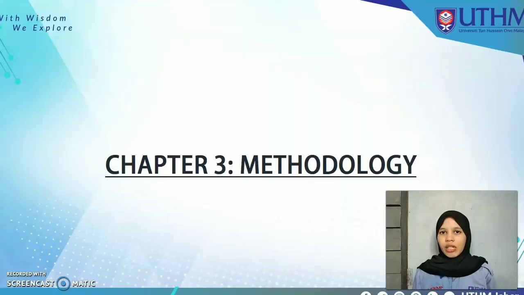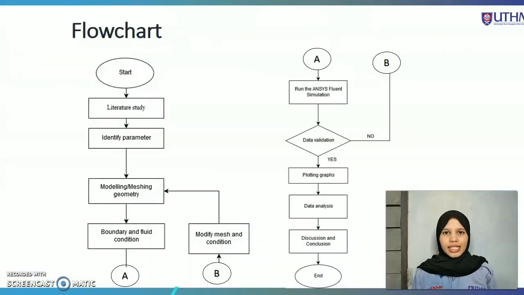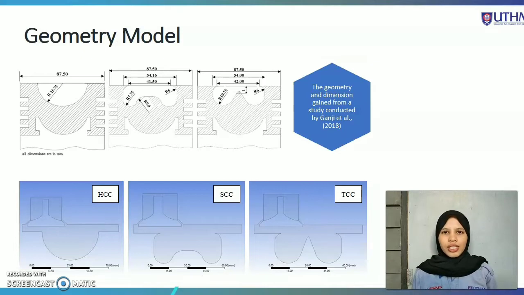In Chapter 3, I will be discussing the method of conducting this study. This flowchart shows the step process of this study. In short, the ANSYS simulation is conducted and the data will be plotted and analyzed. The geometry of the piston bowl is designed by using Design Modeler of the ANSYS software.